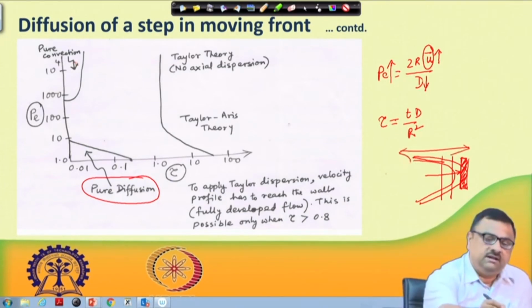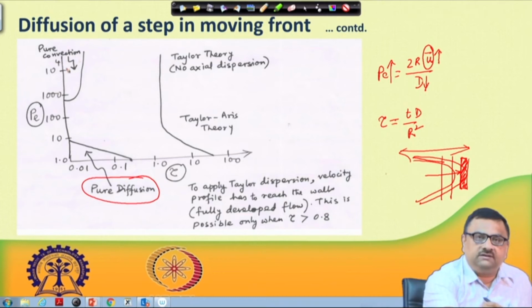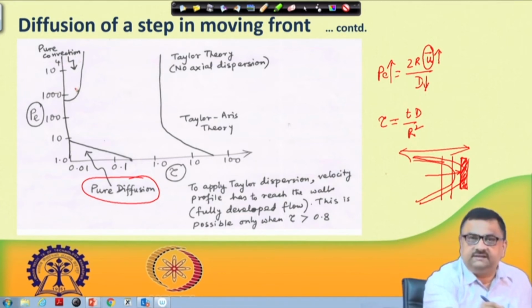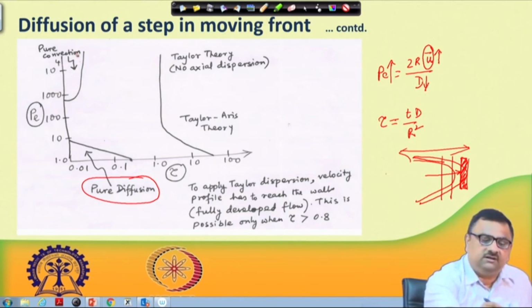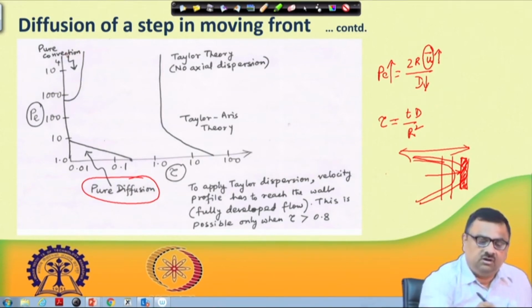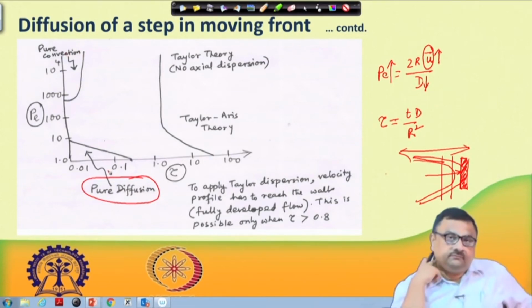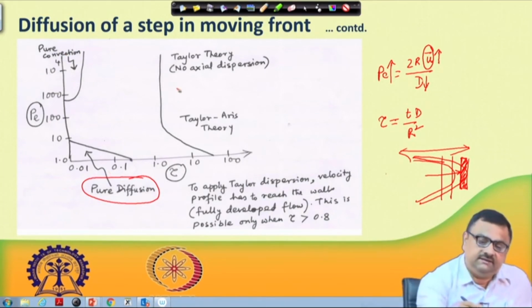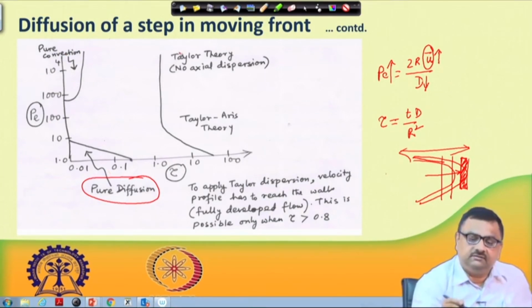So, that is why in this part the convection dominates, diffusion is less significant, but the convection dominates. So, this is the regime where pure convection is the order of the show. Here it is pure diffusion, and here in this region you have Taylor theory, no axial dispersion, and you have Taylor-Harris theory.